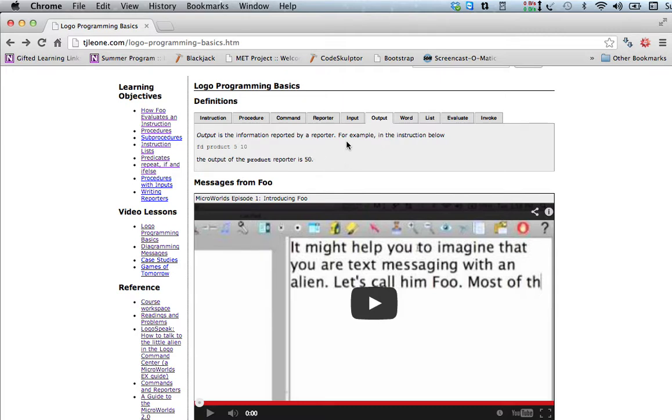But just remember, input is the information a procedure needs before it can be invoked. Some commands need inputs. Some reporters need inputs. Some commands don't need any inputs, and some reporters don't need any inputs. But only reporters have output. The output is the information that the reporter provides after it does its job. So this reporter product takes these two inputs, 5 and 10, and outputs a 50. And that output then becomes the input to forward.